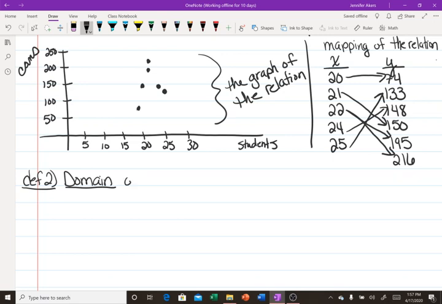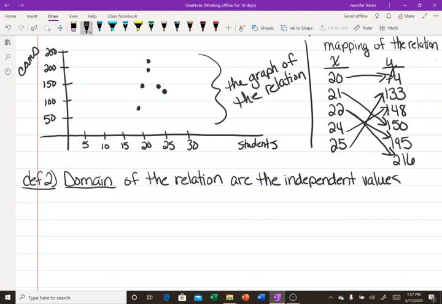The domain of the relation are the independent values, also called the x values or the first coordinates.